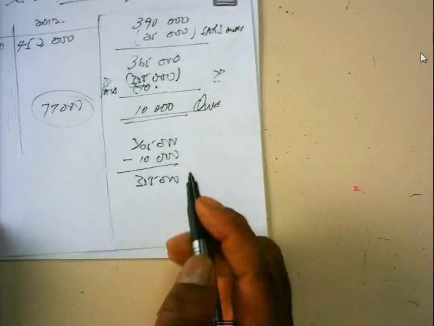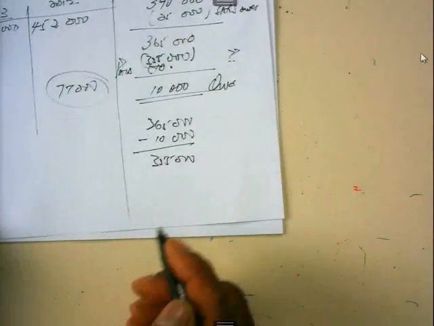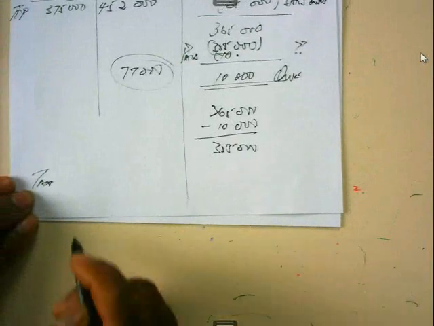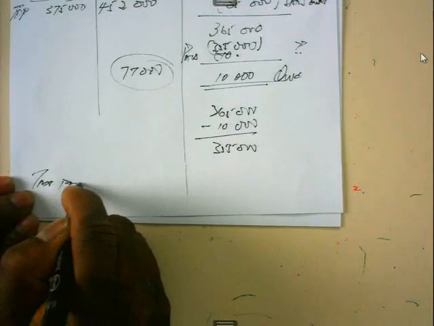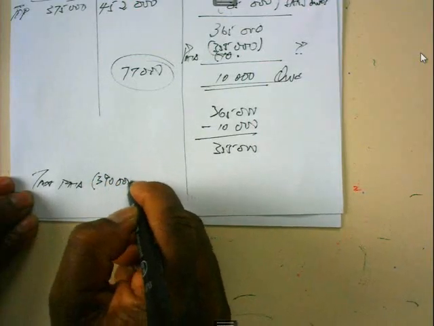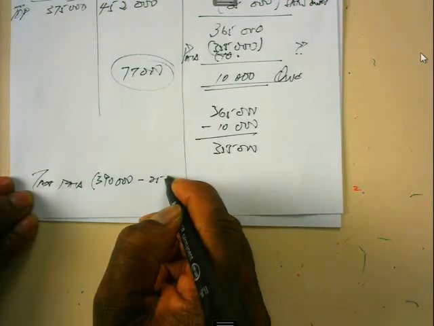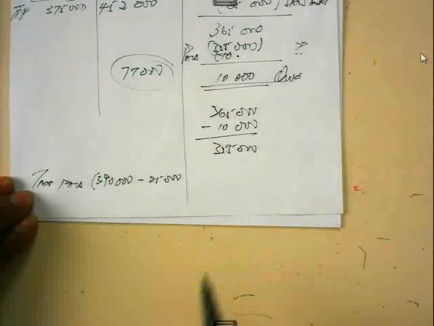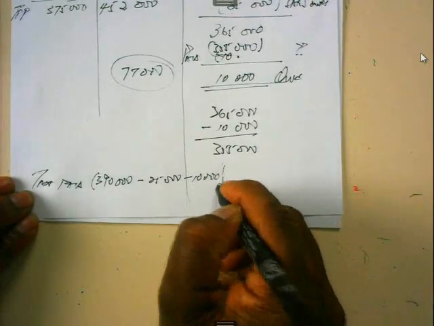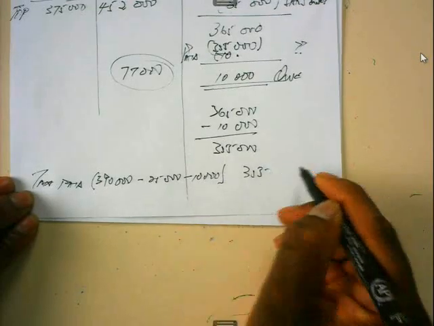Right? So, in the cash flow statement, tax paid, as you have seen, 390,000 minus 25,000, minus the 10,000, you see, 355.